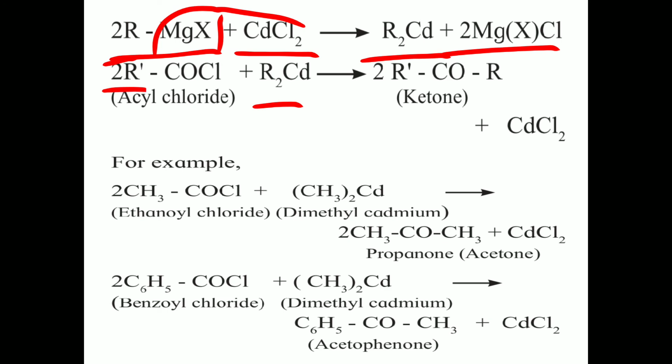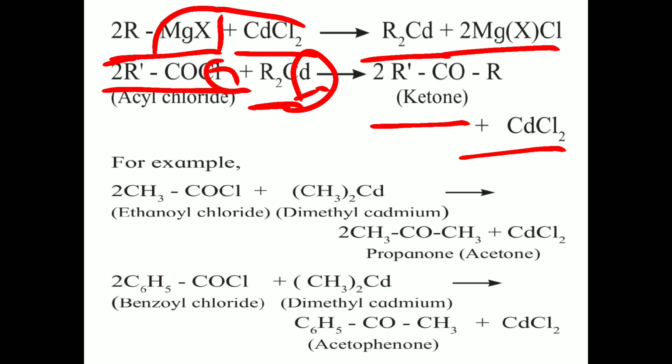It reacts with the acyl chloride, that is RCOCl, and here the cadmium and this Cl are removed, giving the byproduct CdCl2, and we get the main product, that is RC double bond OR, that means we get the ketone.